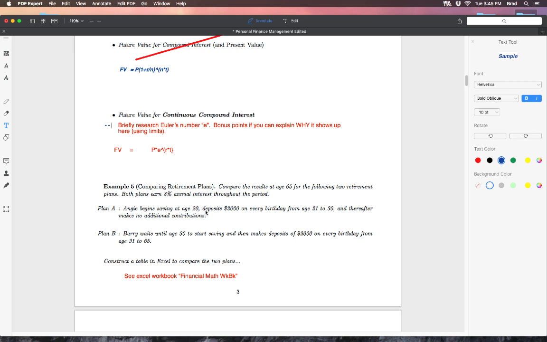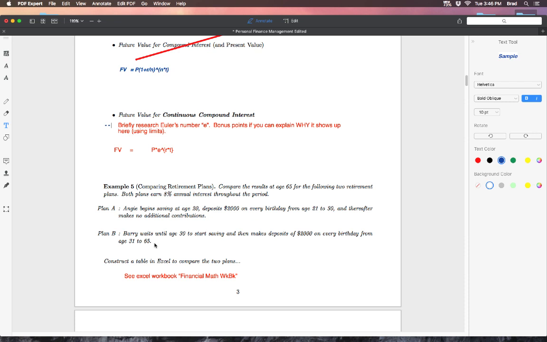So Angie begins saving at age 20, deposits $2,000 every year, starting on her 21st birthday as her first deposit, and on her 30th birthday is her last deposit. So there should be 10 deposits there. But then she never contributes again. And Barry doesn't start until age 30 and then deposits $2,000 every year from 31 to 65.